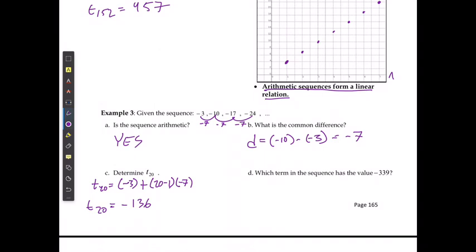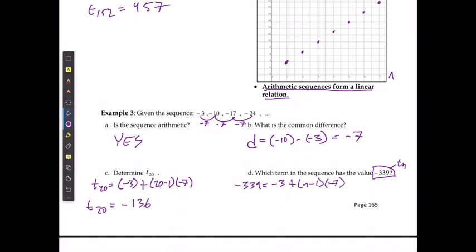And when it says which term in the sequence has a value of negative 339, well, this is telling us what our Tn is, and now we're going to be solving for n in our equation. So we're going to say that negative 339 is equal to negative 3 plus n minus 1 times negative 7.